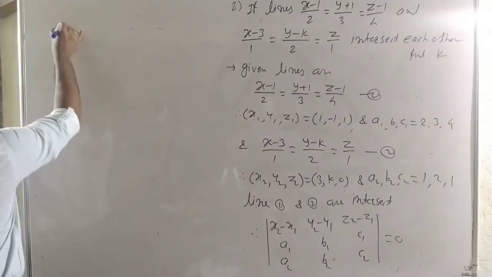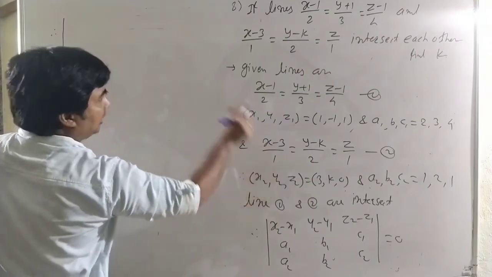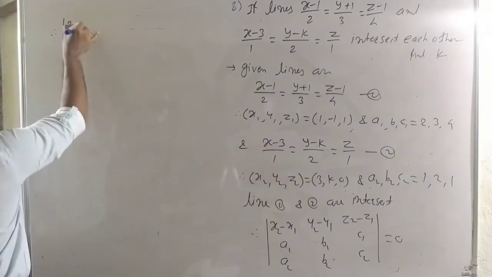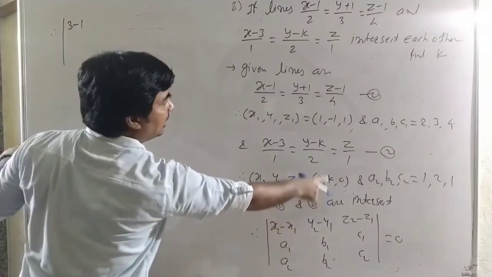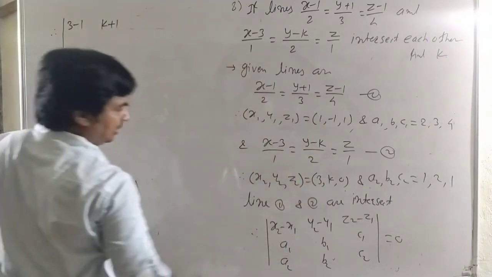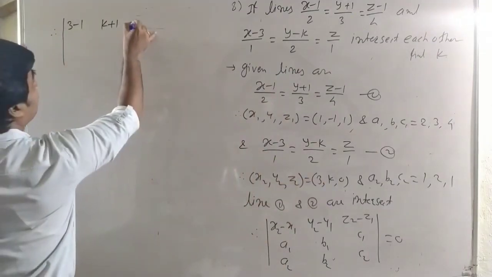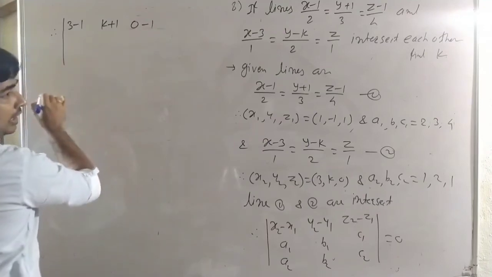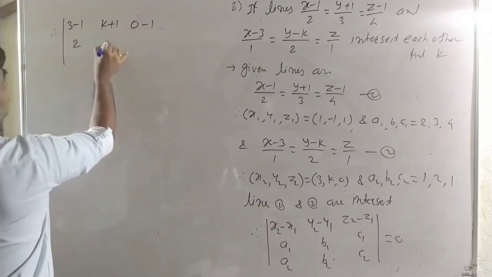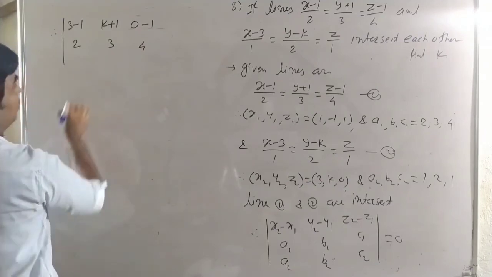Therefore: 3 minus 1, k minus minus 1, that is k plus 1, and 0 minus 1; then 2, 3, 4; then 1, 2, 1.